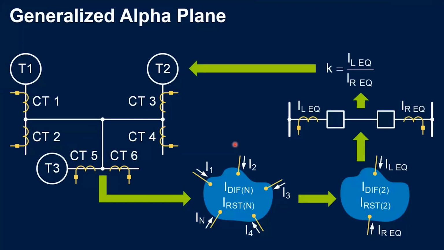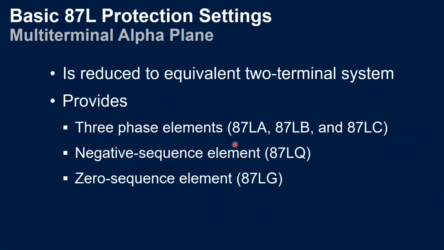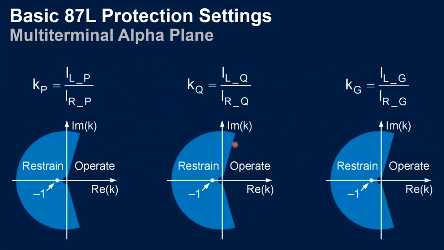So this is an equivalent of the three-terminal system taken to a two-terminal, just to be able to plot it in the alpha plane and still have the same benefits that the alpha plane offers. So when we have a multi-terminal alpha plane, we saw that if the system is reduced to an equivalent two-terminal system, we can provide three phase elements, negative sequence elements, and zero sequence elements. As you can see here on the next slide, these are the phase elements, the negative sequence, and zero sequence elements.